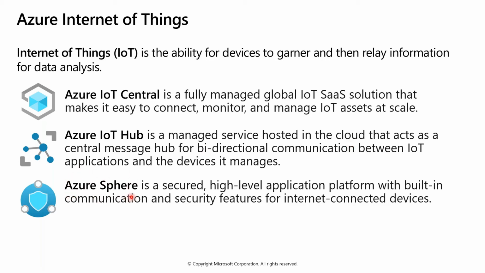And then comes Azure Sphere. It is a secure, high-level application platform, with inbuilt communication and security features already present for connected devices. So Azure Sphere is a more security-based solution for your IoT devices.